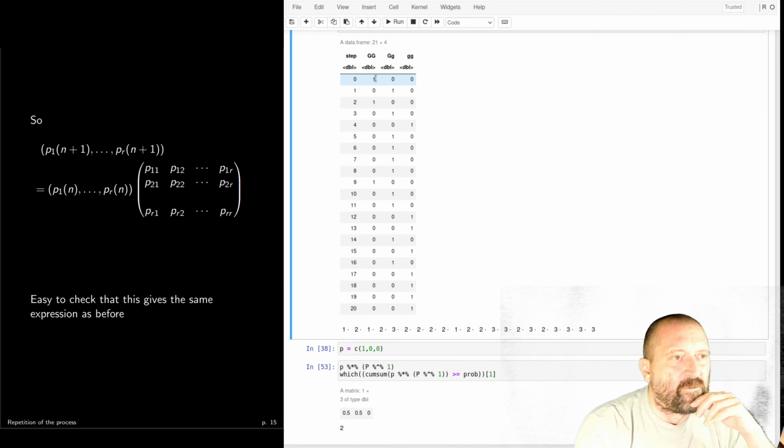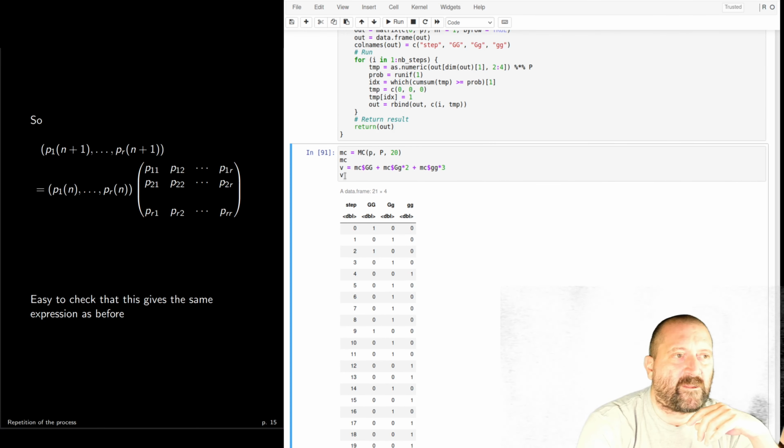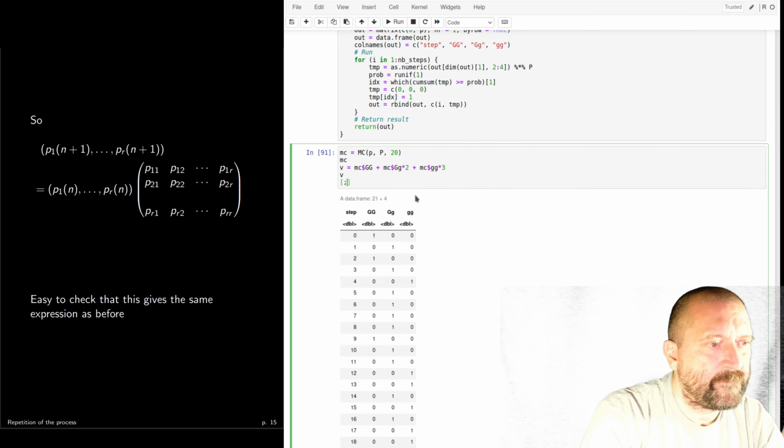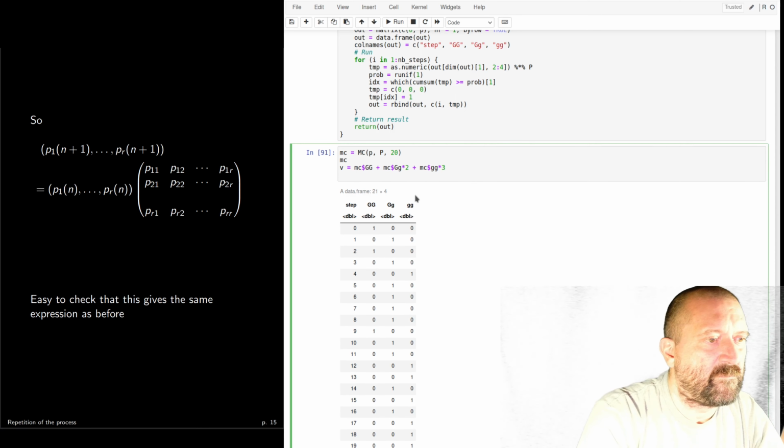So let's do this, and let's also put V, just to check. Here I'm in state 1, then I switch to state 2, then state 1, then 2, then 3. Yes, okay, so that's working. And so now we can simply plot. Let me remove these.